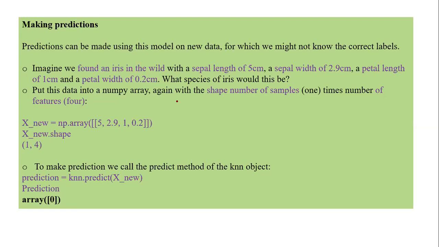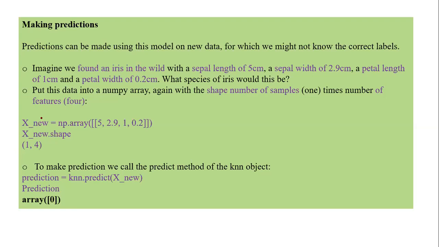Put this data into a NumPy array again with the shape number of samples. So we put this in a NumPy array and then we check X_new.shape, which means we want to know what the shape is. The shape is one row and four columns. And now we are going to predict.